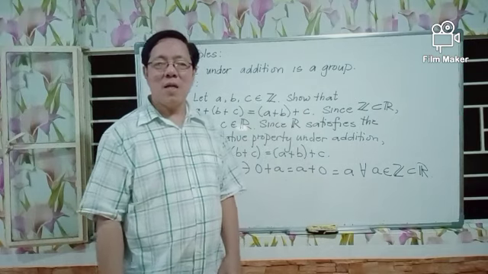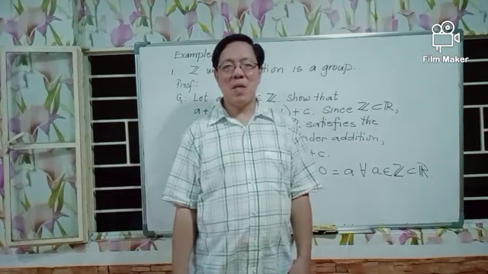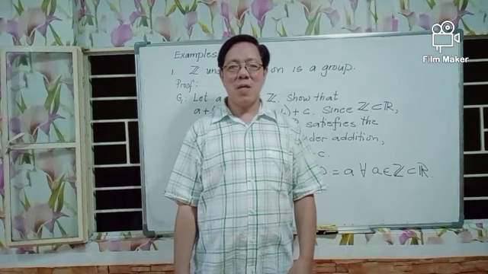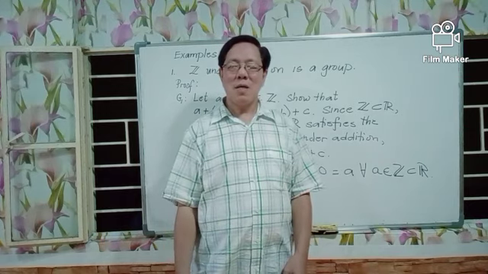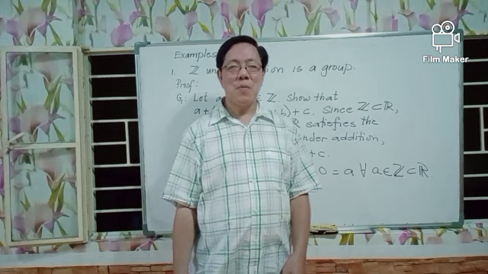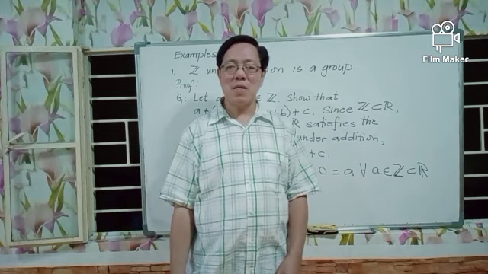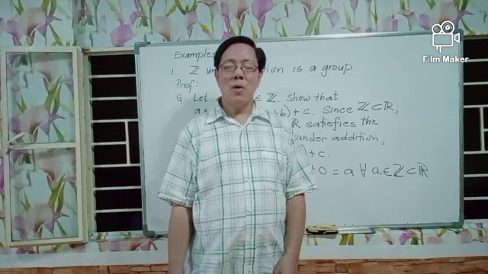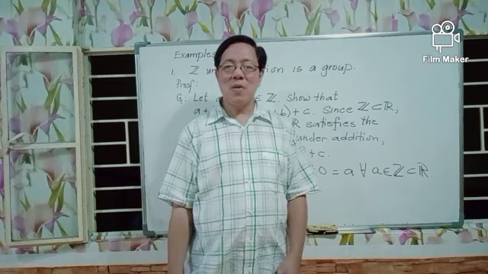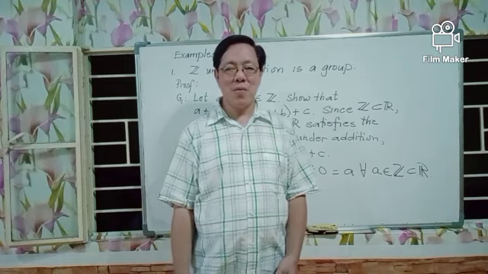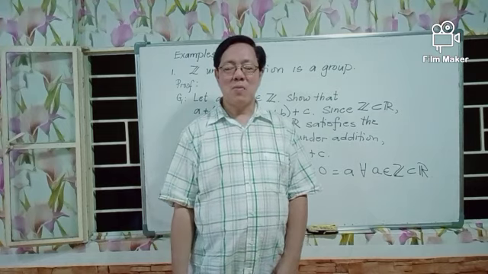Now, another property of the set of real numbers under the binary operation addition is the existence of what we call additive inverse, or this additive inverse is also known as the negative of a real number.